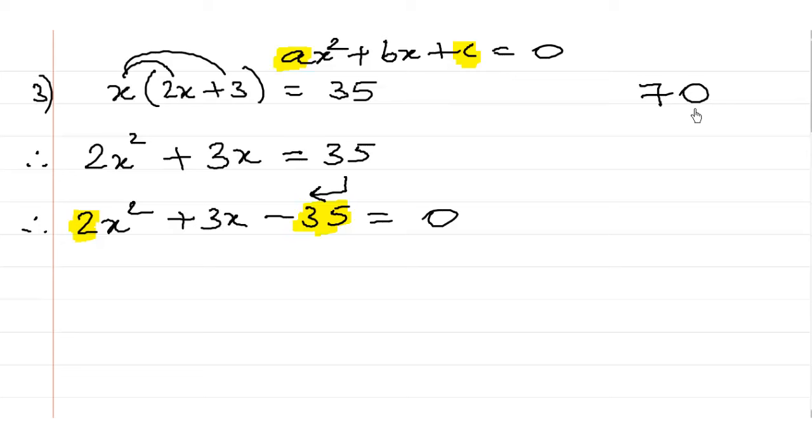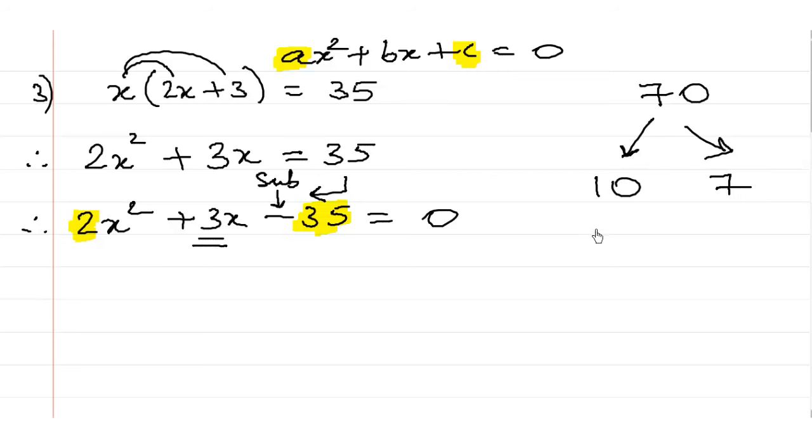So we need two numbers such that on multiplication we get 70, and this sign says subtraction. On subtraction we should get the middle number 3. So I believe it's 10 and 7. 10 7s is 70, and 10 minus 7 will give us a 3.